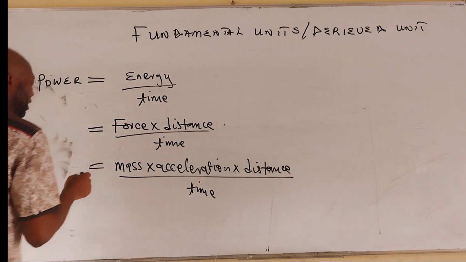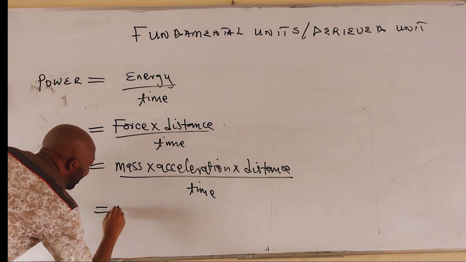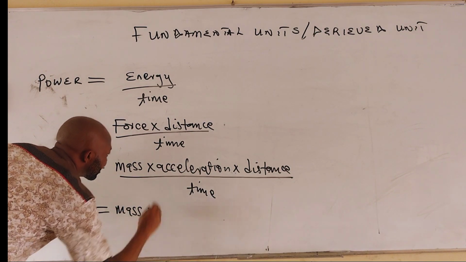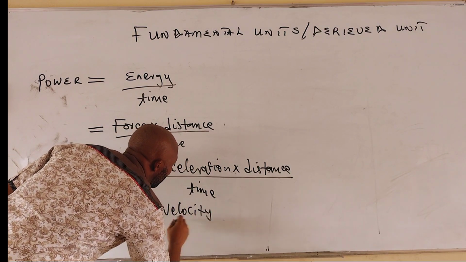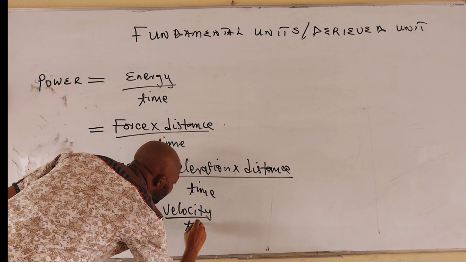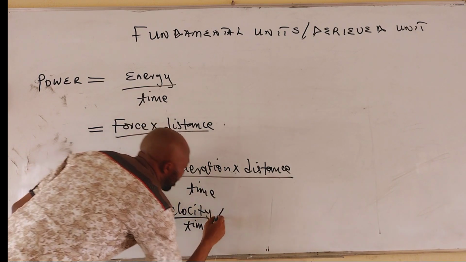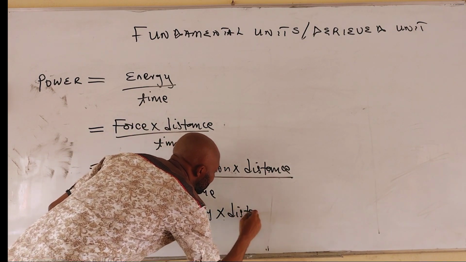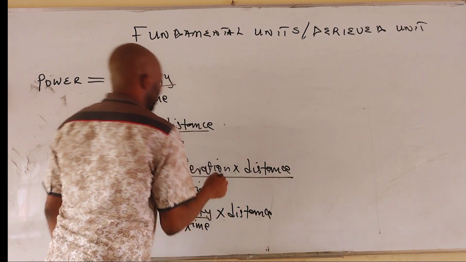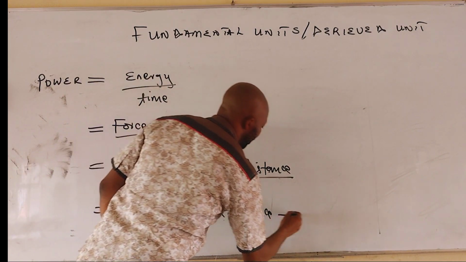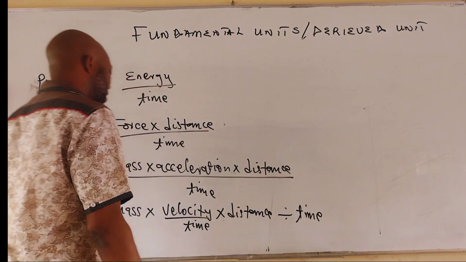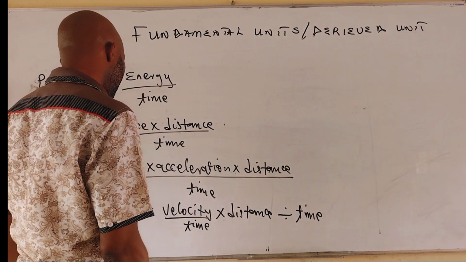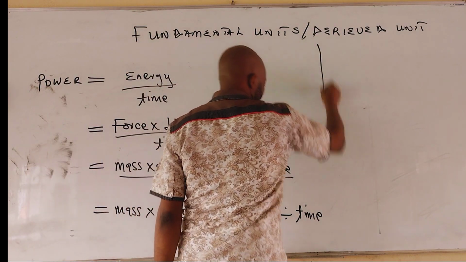So we come over here, now we say this is mass times acceleration, which is velocity over time, times distance, divided by this time here. Okay, let's take this other side.